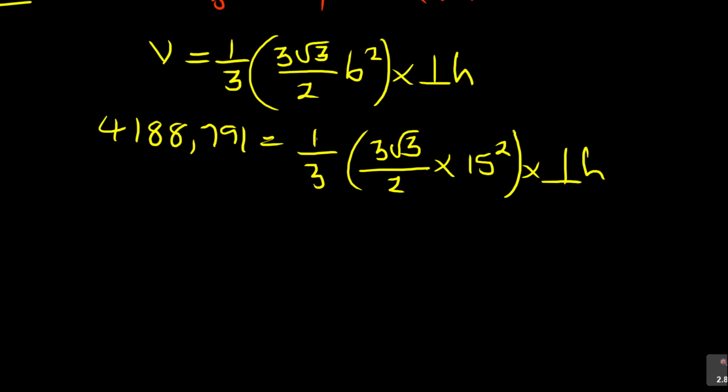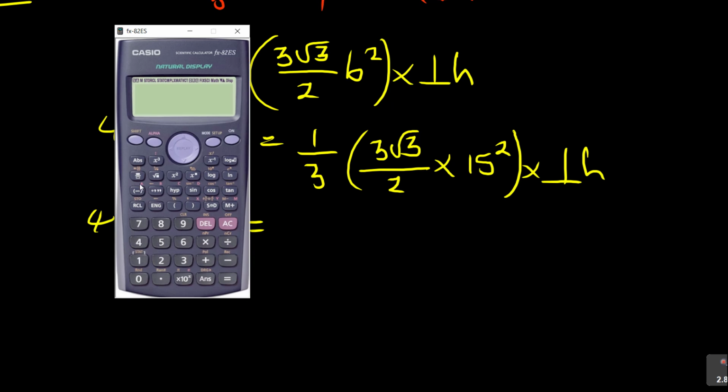So we can simplify this side first of all. 4,188.791 is equal to, maybe not to complicate things, just simplify everything on this side, which is 1/3 and then another bracket which is 3 square root 3 over 2 and then times 15 squared.